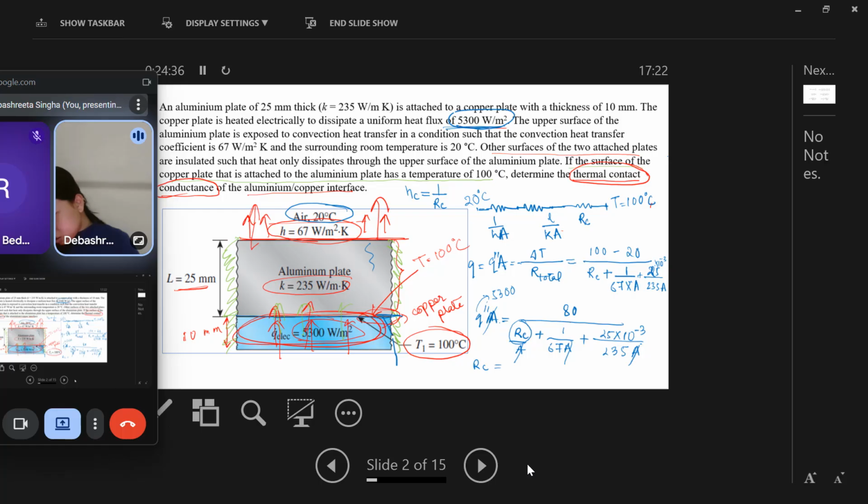Okay, you just recheck the calculations because I have got something else. HC will come out to be around 16,000 watt per meter square Kelvin.